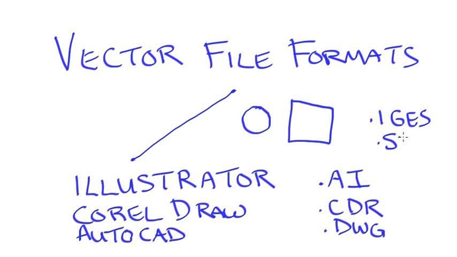Another one is an STL. Some of these can do that. An STL is a stereolithographic file. So if you had a 3D printer, and you created a 3D object in something like Autodesk's Inventor, you could save it as an STL because many of the printers require that. So the STL would not be a native file format. It's one of those non-native file formats.